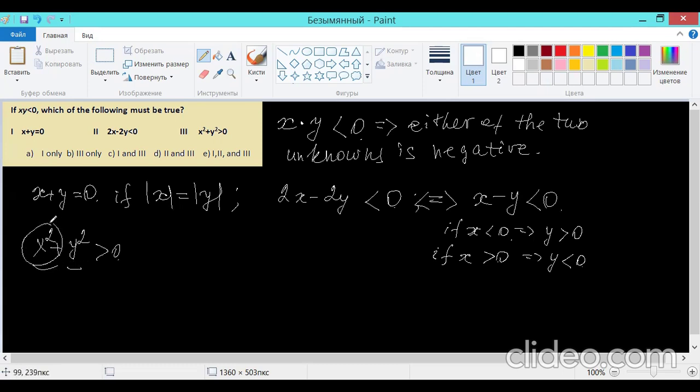One positive number added to another positive number will finally result in a positive number. And this is the case. For that reason, the only correct answer is option B, 3 only, because this is correct at any value of x and y. I hope that my logic of pondering is clear to you.